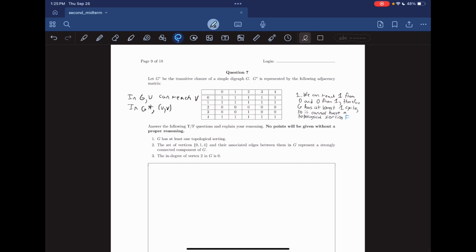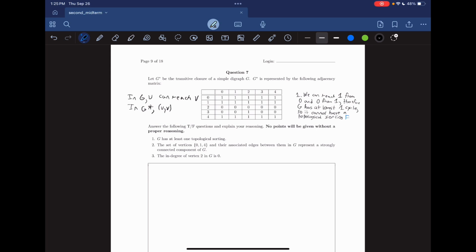All right, so the next question we have is, the vertices of 0, 1, and 4, and their associated edges between them in G represent a strongly connected component of G. So remind yourself what a strongly connected component is. A strongly connected component in a directed graph is a set of vertices that are all able to reach one another.